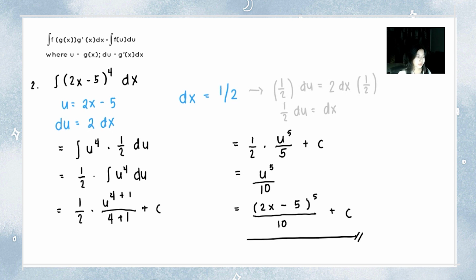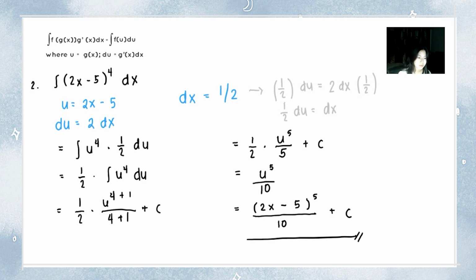So 1/2 times u raised to 4 plus 1 over 4 plus 1 plus c. So it will be 1 over 2 times u raised to 5 over 5 plus c. So we now multiply 1 times u raised to 5 and 2 times 5.